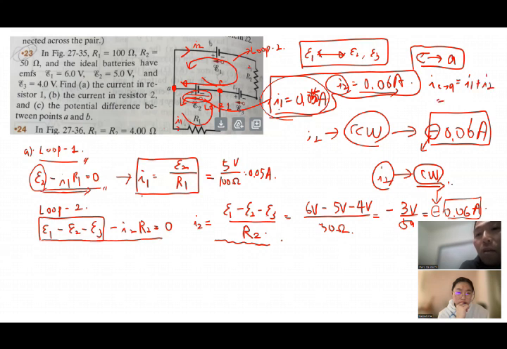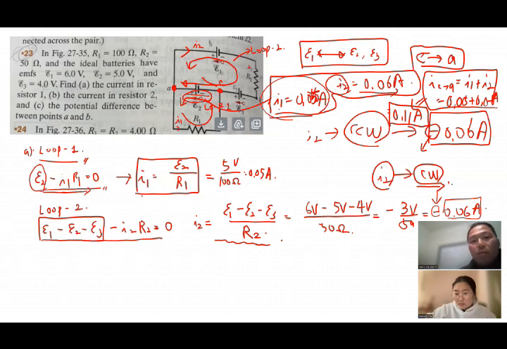That is 0.05 plus 0.06. So total current at that point must be 0.11 amps, so like 110 milliamps.